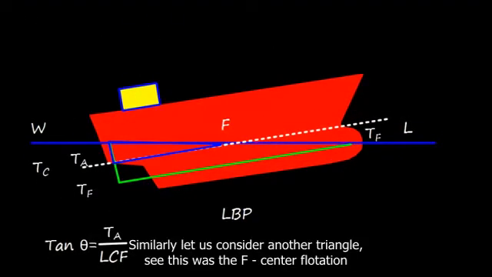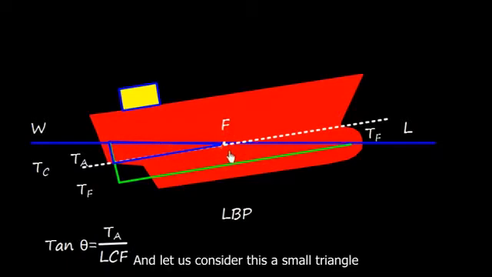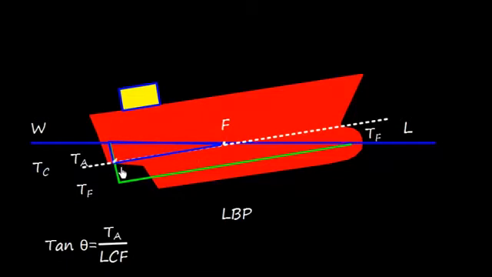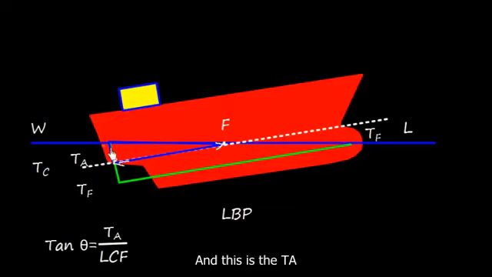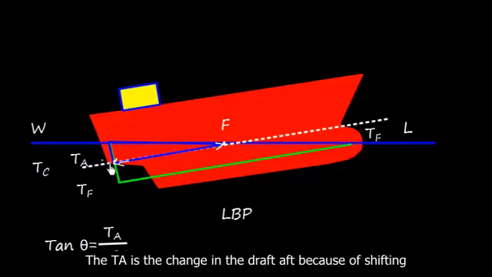Now similarly, let us consider another triangle. Say this was F, the center of flotation, and let us consider this small triangle, and this distance is LCF. LCF means longitudinal center of flotation from the aft perpendicular, and this is TA, the change in the draft aft because of shifting.